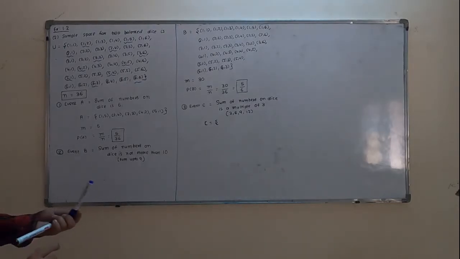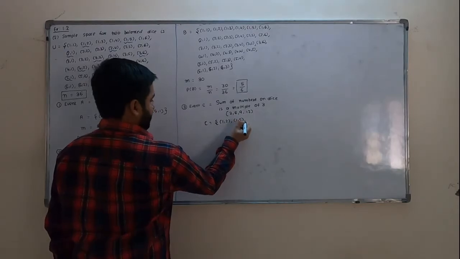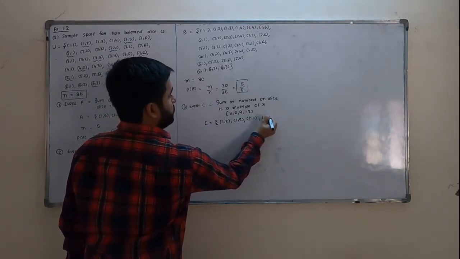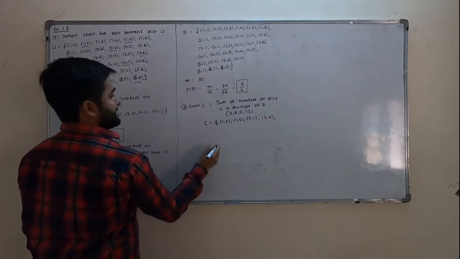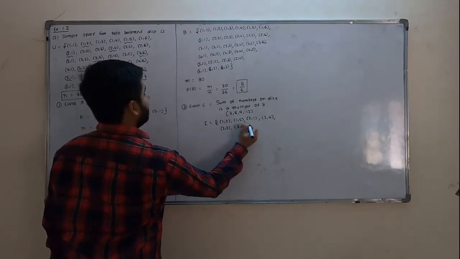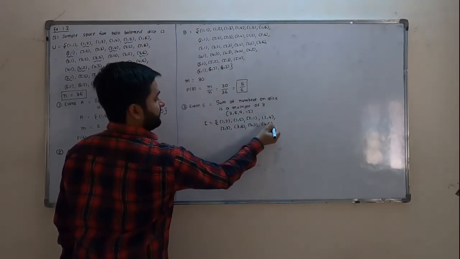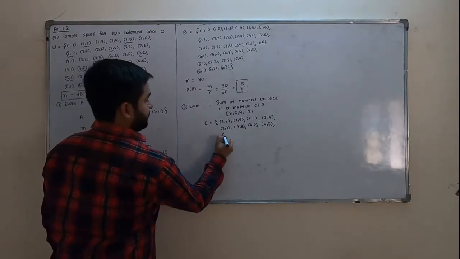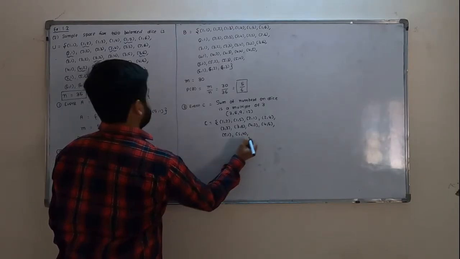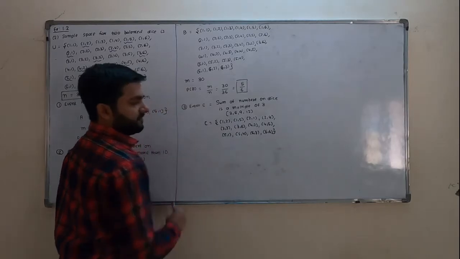So these all are the elements. 1 2, 1 5 from the first line, 2 1, 2 4 from the second line, 3 3, 3 6 from the third line, 4 2, 4 5 from the fourth line, 5 1, 5 4 from the fifth line, 6 3, 6 6 from the last line.